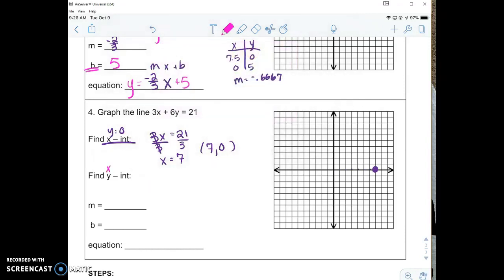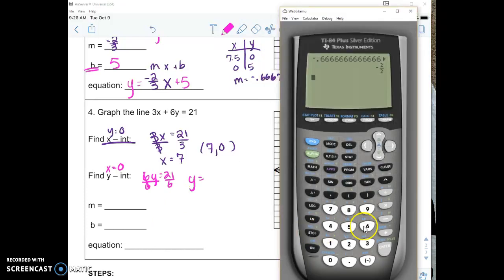Y-intercept. For a y-intercept, the x value is 0, so I can take off the part of the equation with x. And I get 6y is equal to 21. I divide by 6. Y is equal to 21 divided by 6, which is 3.5.